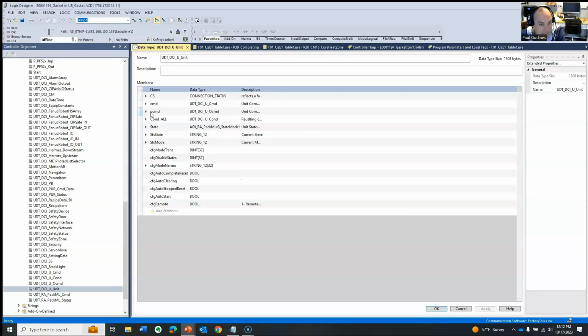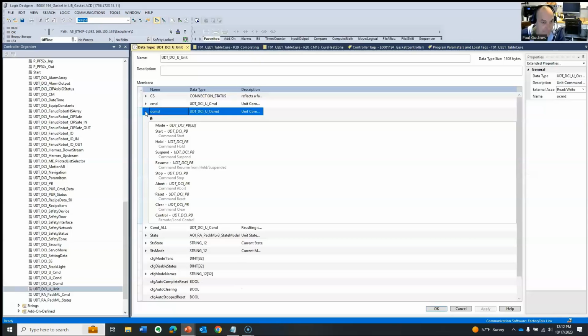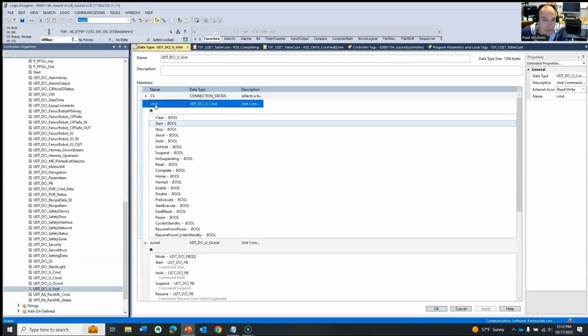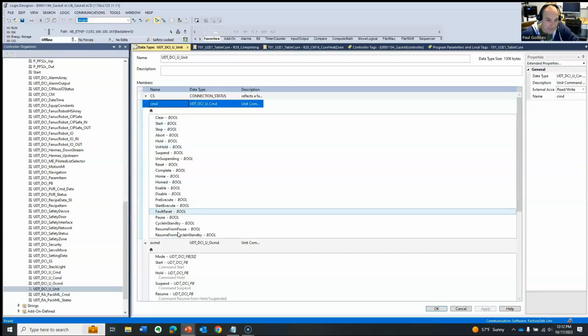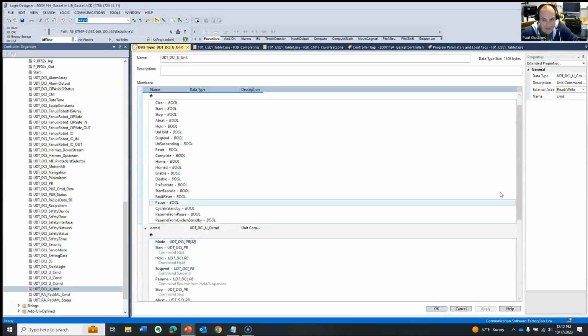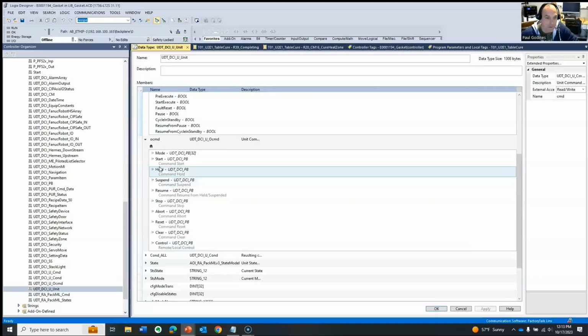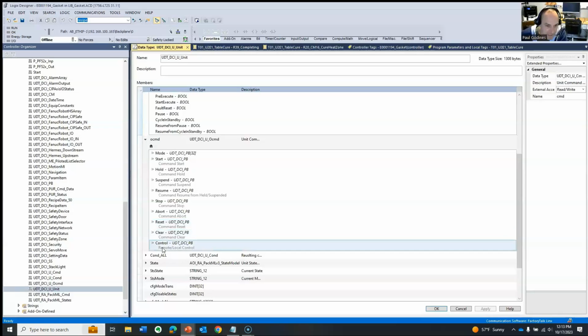The operator command would be something that the operator is commanding, possibly from an HMI. Okay, so what do we got here? Under command, there could be a start, a stop, a clear, abort, unhold, suspend. All right. So when we're talking about command, any of these tags, we're commanding these tags here, okay? And an operator can command tags here as a start, hold, suspend, resume, stop, abort, reset, clear, control.